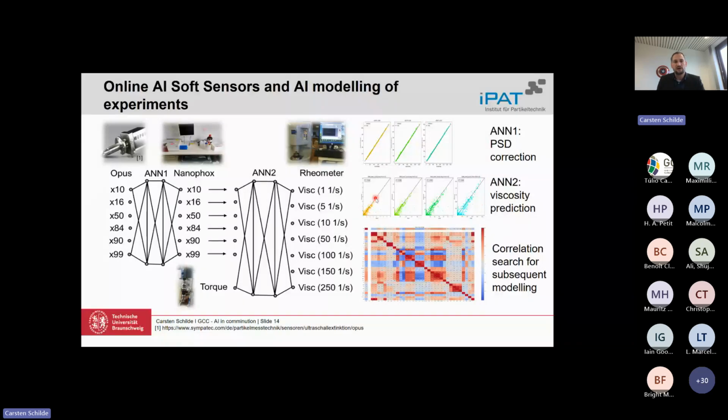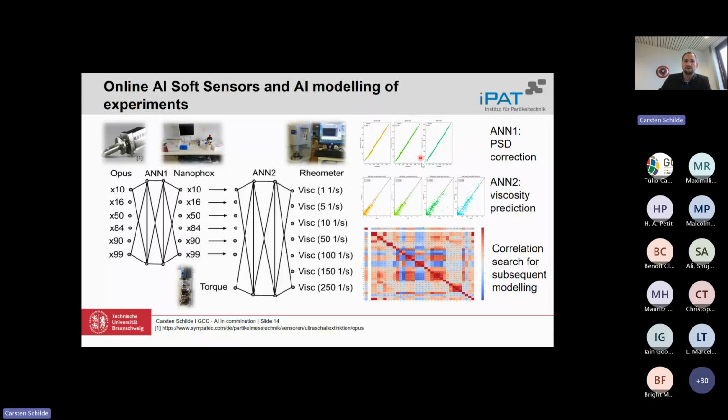If we have the torque as a kind of one-point calibration together with the real particle size distribution, we can also have a transfer function to our viscosities measured in a rheometer offline. And this works quite well.